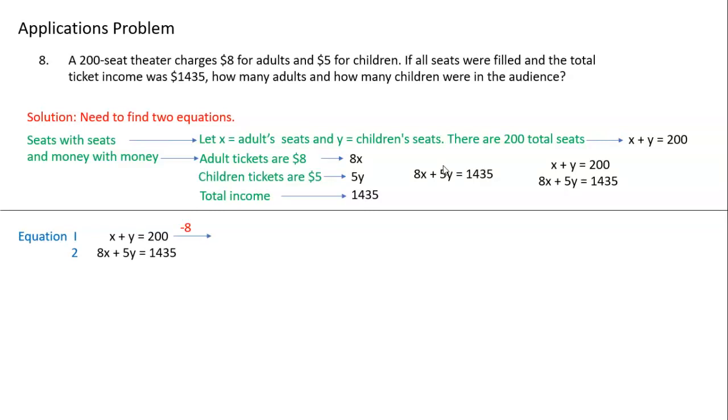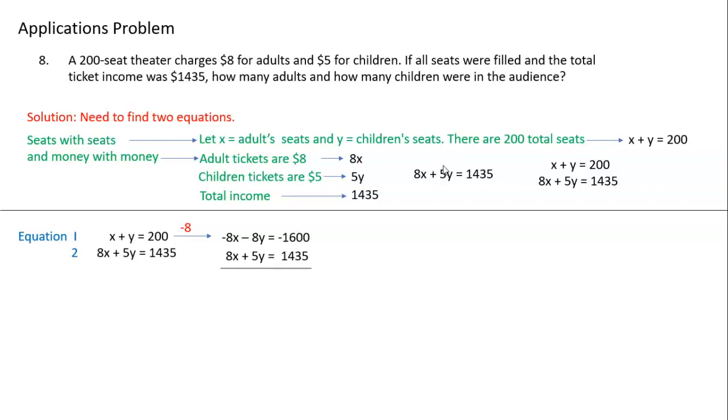To eliminate the x value, if you see, my second equation is 8x. So I want to make that 1 into a negative 8. Okay, so I'm going to multiply negative 8 to the whole equation. So negative 8 times x is negative 8x. Negative 8 times y is a negative 8y. And the negative 8 times 200 is a negative 1600. Okay, the second equation, I'm not going to do anything to it because it's already set up for me to eliminate my x. Let's just add them together.